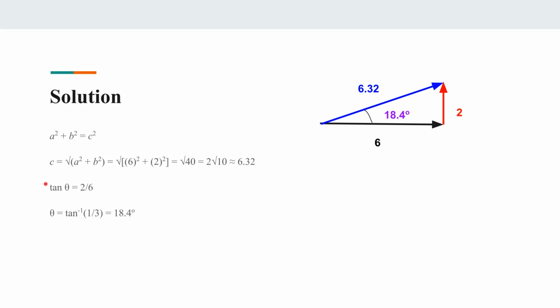SOHCAHTOA, TOA is opposite over adjacent. So that'll be 2 over 6. So tangent of theta, this is theta, usually means angle, equals 2 over 6. I just simplified the fraction here. So theta equals the inverse tangent, or the arctangent, of 1 over 3. So the inverse tangent equals 18.4 degrees.